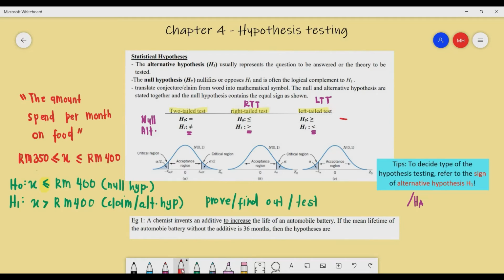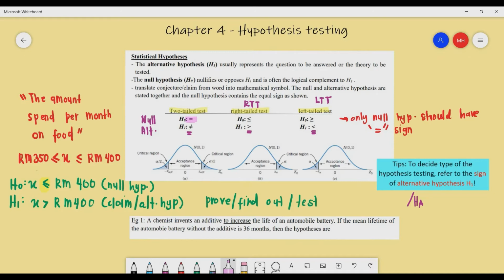I want you to take note that only the null hypothesis should have the equal sign, whereas the alternative hypothesis shouldn't have the equal sign. As you can see here, for the two-tailed test, which I highlight here, only the null can have the equal sign.